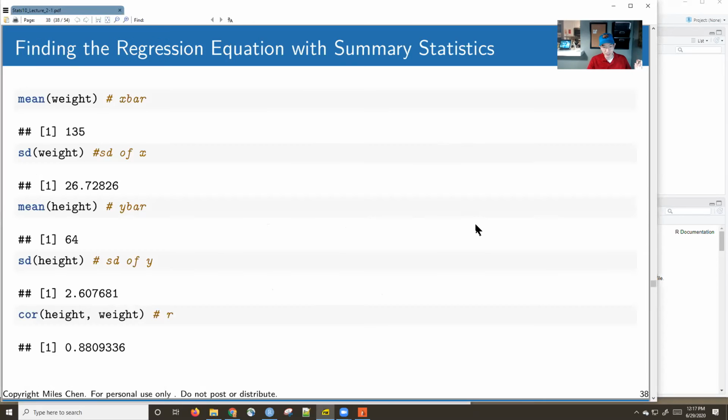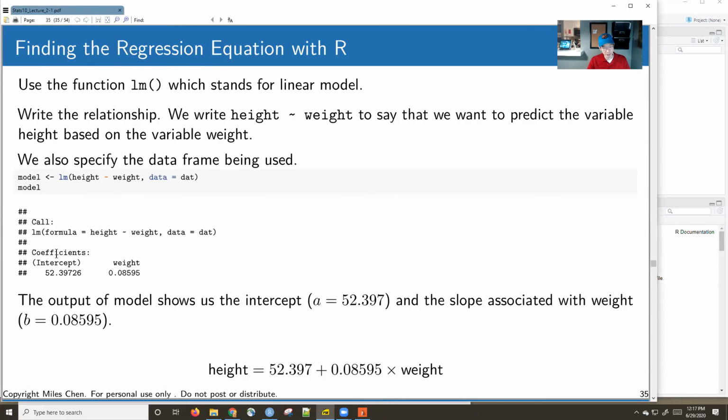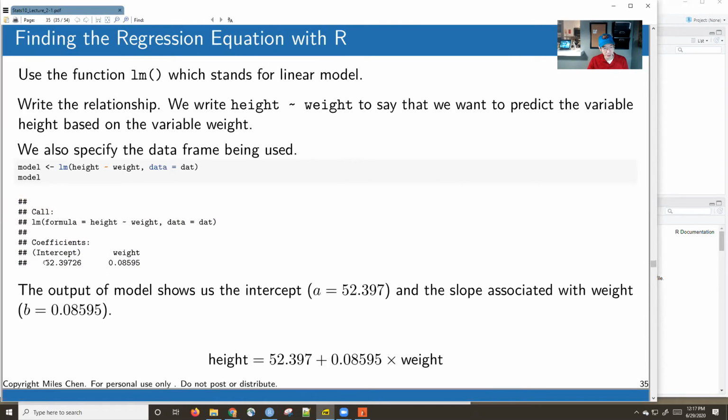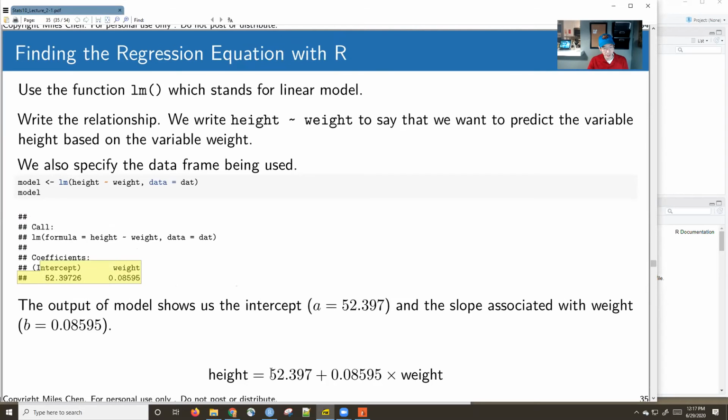So I might show you, here would be a fair question, output like this, and I would say, okay, based on this output. I wouldn't provide this equation; I would expect you to be able to figure out this equation based on this output. And I would say, what would you predict the height of someone who weighs, I don't know, 170 pounds to be?